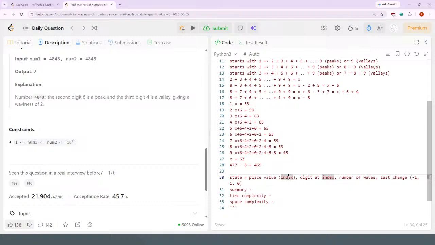So the outer loop will go index by index, inner loop will go digit by digit.